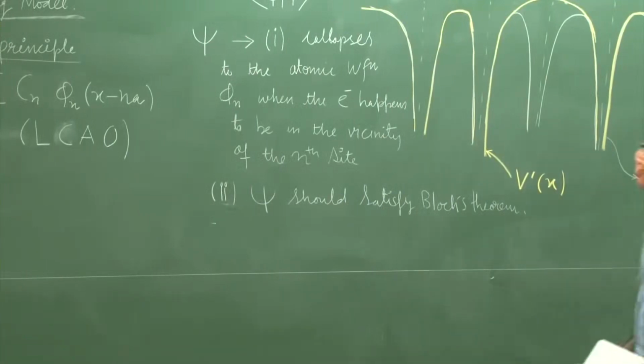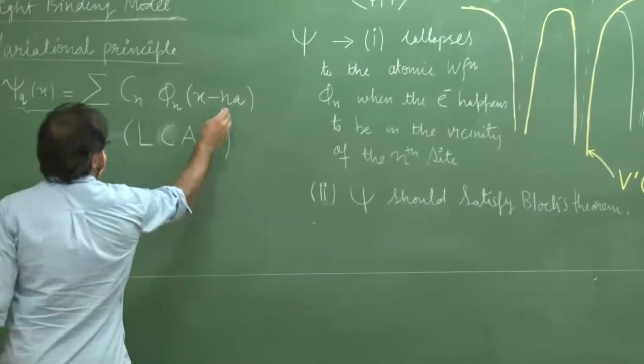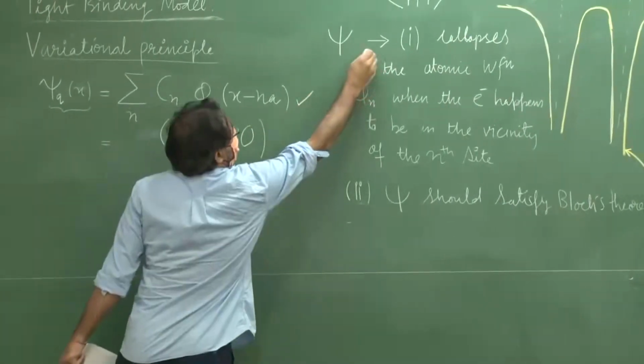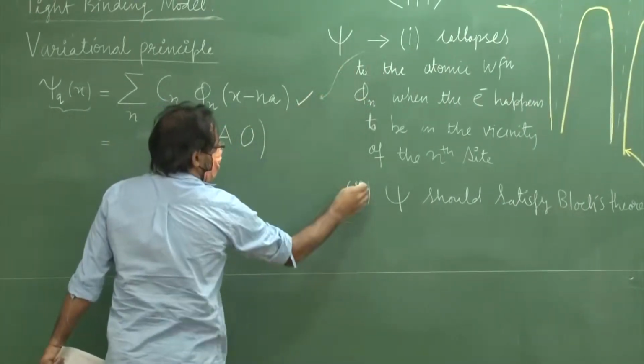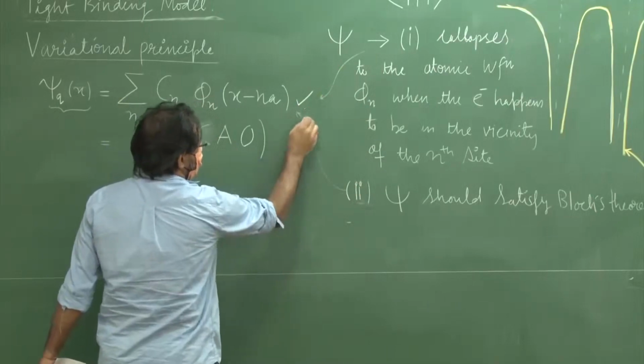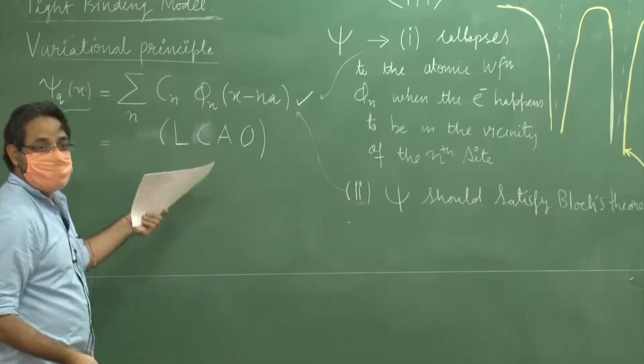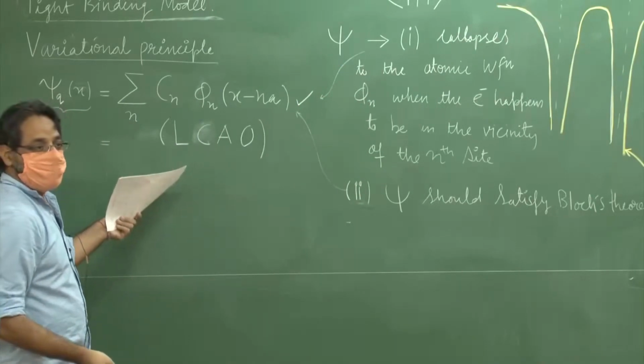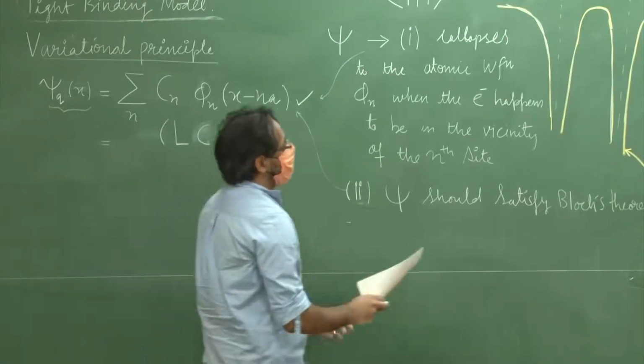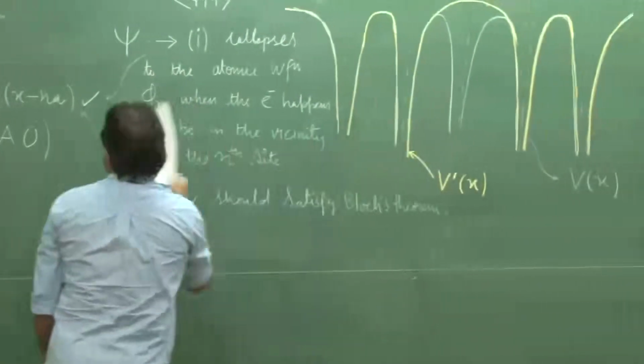It has to be LCAO plus something. Now, this will make condition 1 fulfilled. But does it satisfy condition 2 also? You have to choose your Cn in such a way that it does, because phi is periodic, but what about Cn?